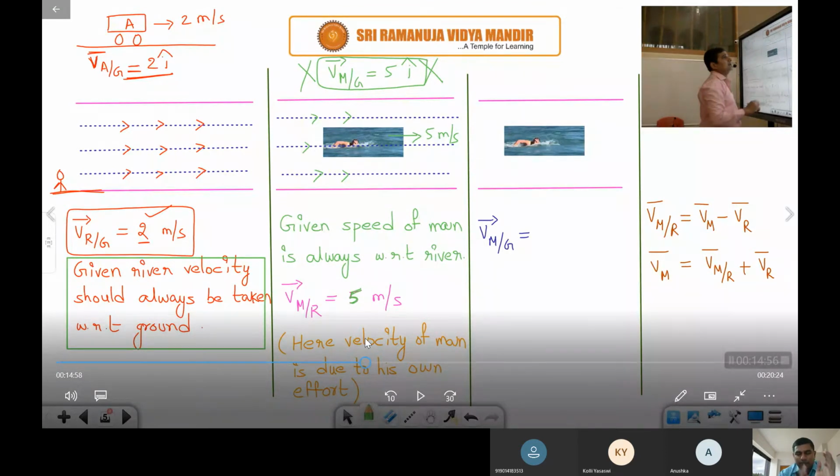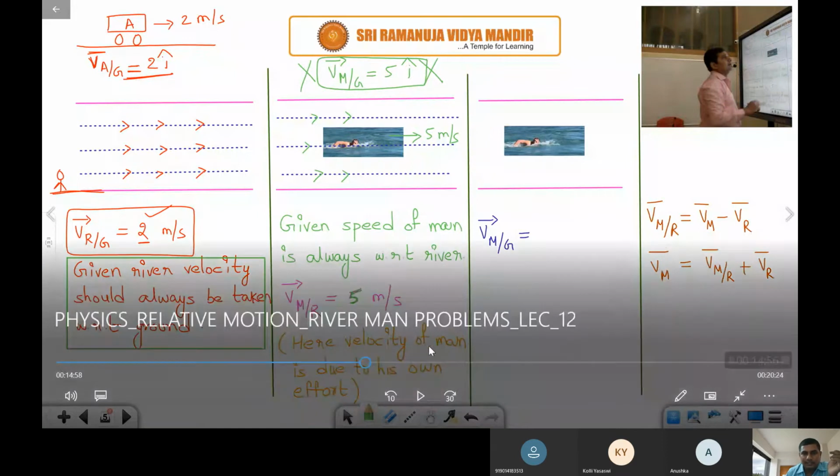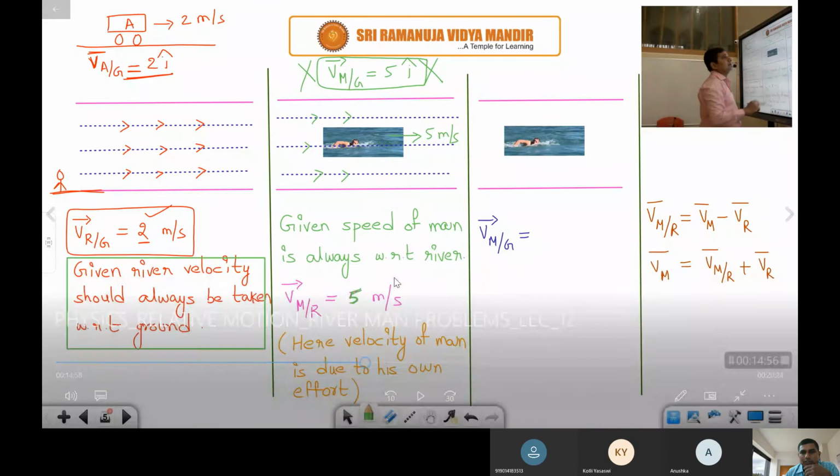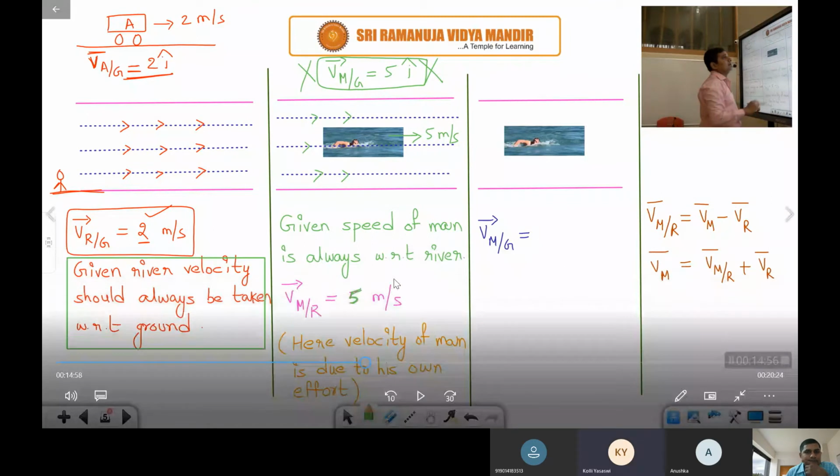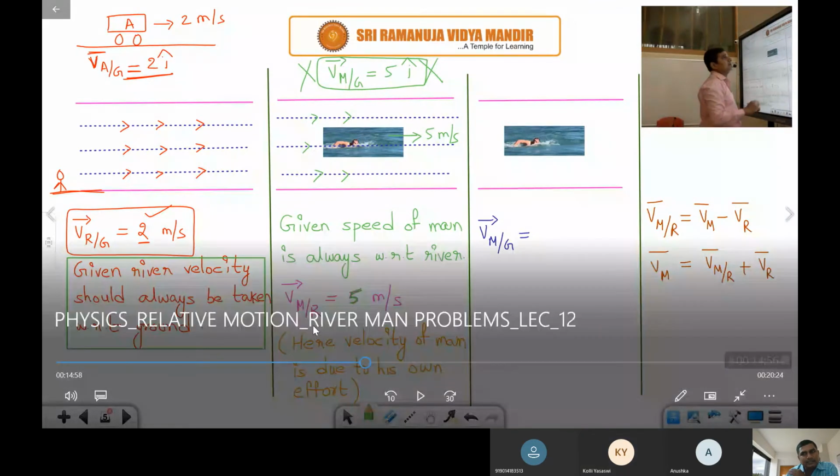That is true for river only. As far as the man is concerned, the given velocity of man should not be taken with respect to ground. Rather, it should be taken with respect to river. Please understand this one. So the given speed of man is always with respect to the river.